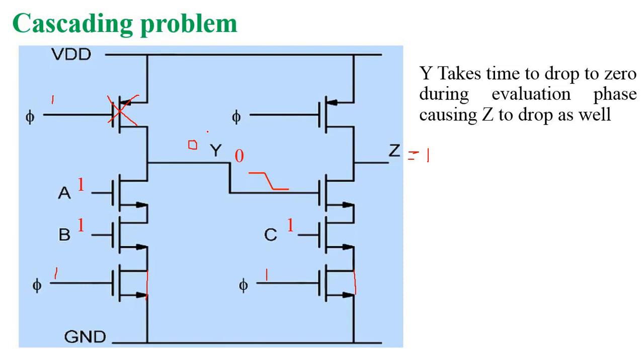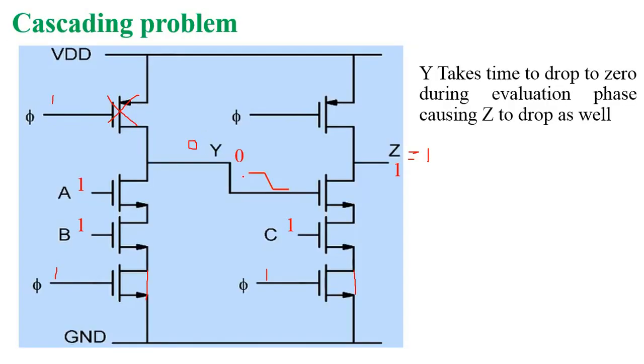To eliminate that, we go for another mode called domino logic. Why do we need domino logic? In order to eliminate the time taken by the high to low transition, we connect one inverter in the first cascaded stage, so automatically the delay time reduces.